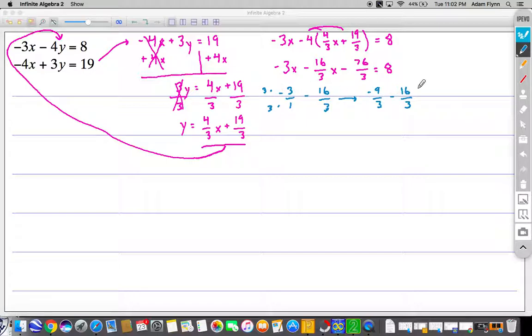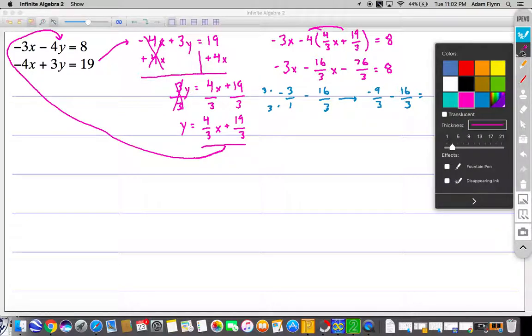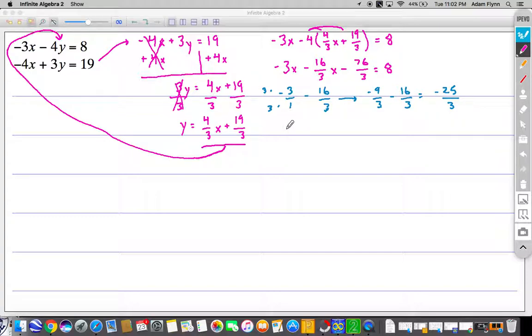Okay, and negative 9 minus 16 is going to be negative 25, and my denominator stays the same. Okay, so if I change this back, I have negative 25 over 3x minus 76 over 3 equals 8.